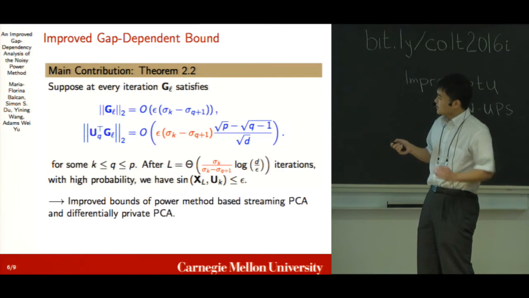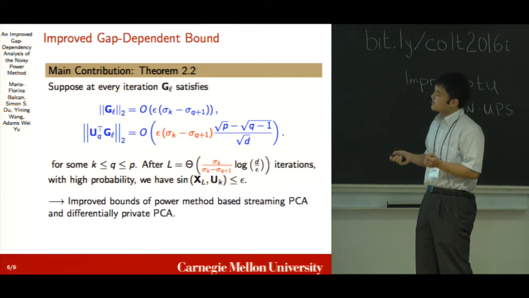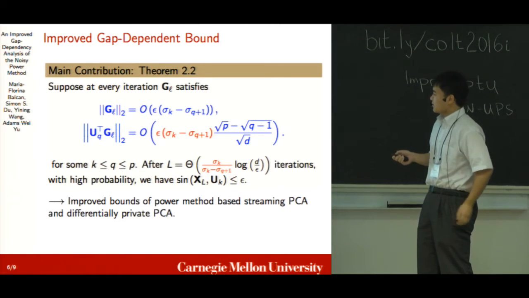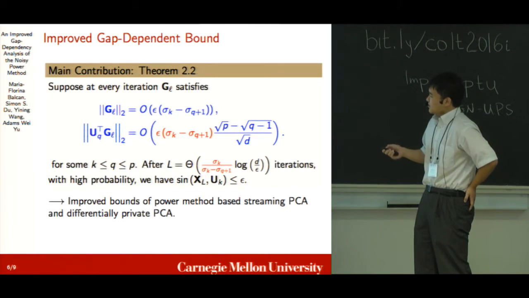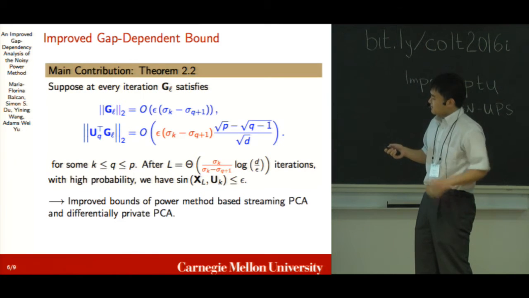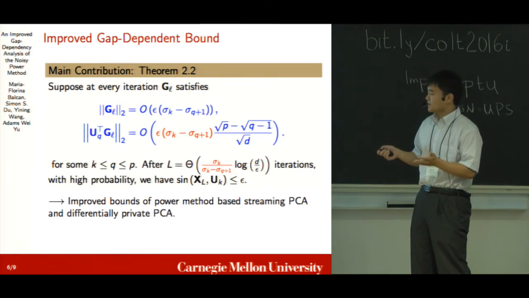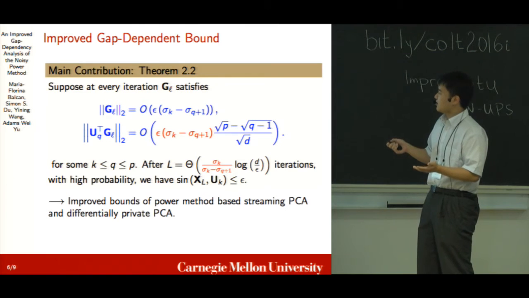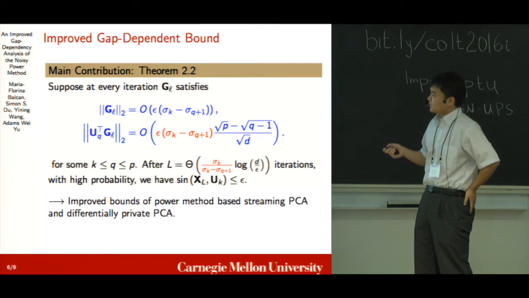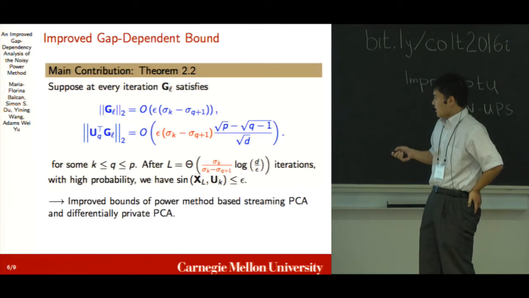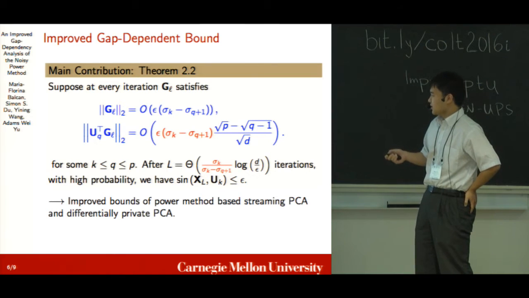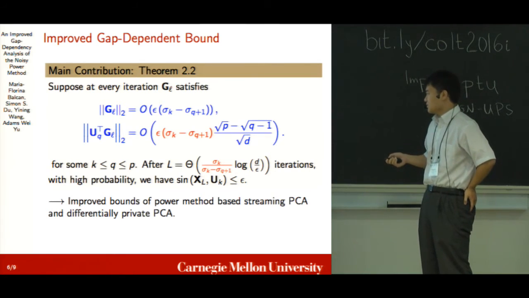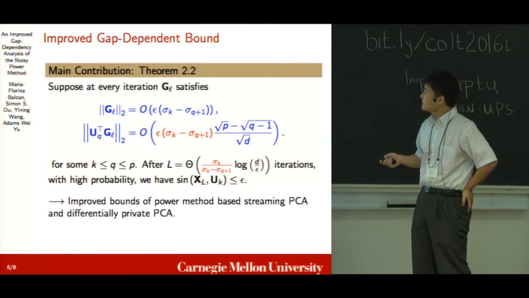Q is some intermediate term which is larger than K and smaller than P. The spectral gap is enlarged by some order, and if Q is 2K and the matrix has polynomial decay, we can have an order K improvement. Our result directly leads to improved bounds in streaming PCA and differentially private PCA.